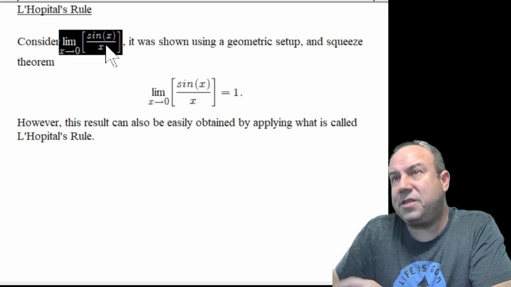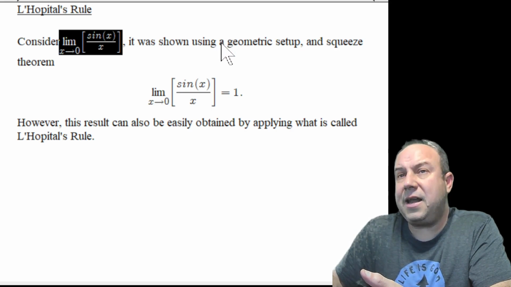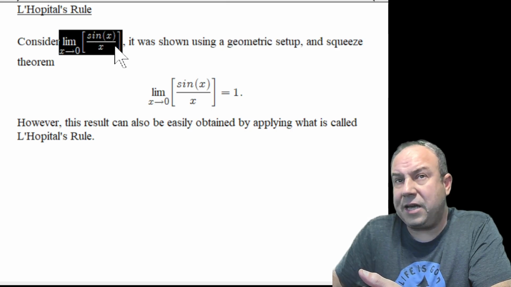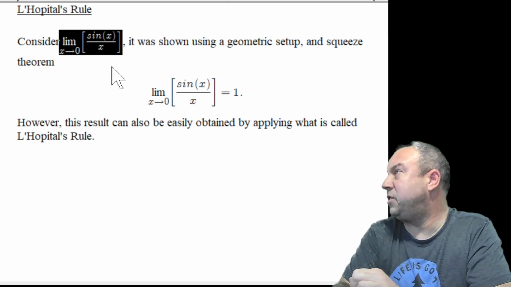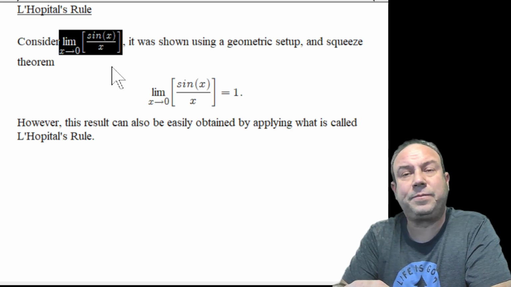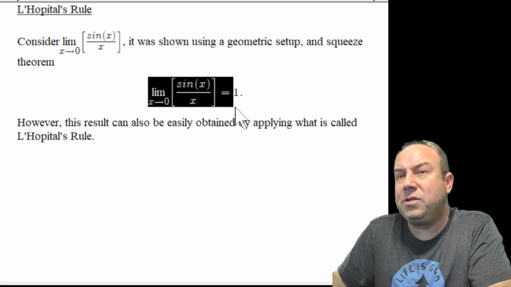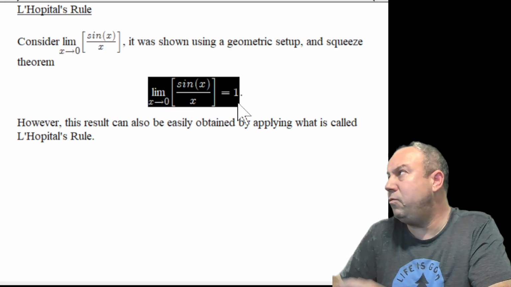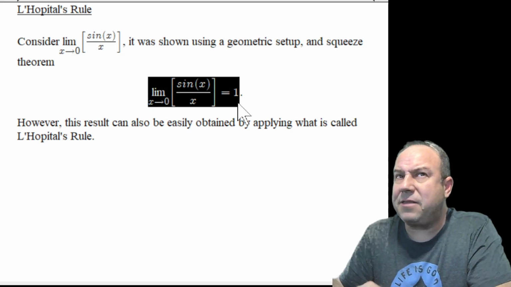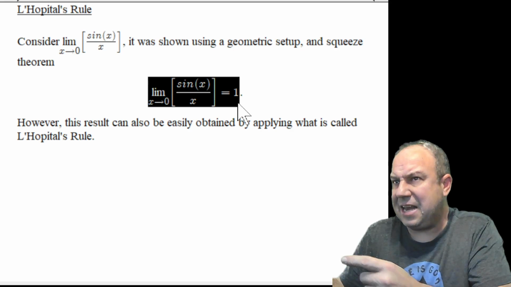To introduce the technique known as squeeze theorem, we set up, using a little bit of geometry, the calculation for the limit as x approaches 0 of the sine of x divided by x using the squeeze theorem. And we had shown that this limit was equal to 1 through a rather rigorous and rather implicit setup.